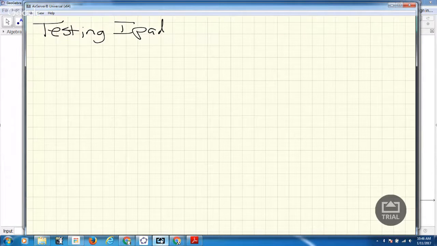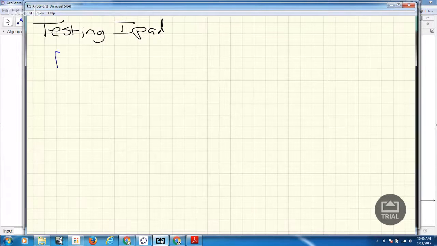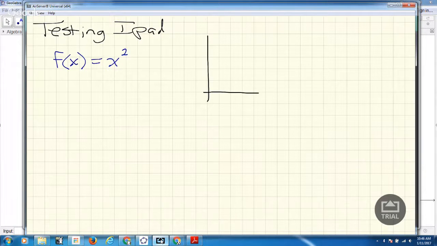So let's suppose we want to analyze a function, f of x equals x squared. So quick graph of that sucker. And let's take a look at it on the interval from 0 to 2.